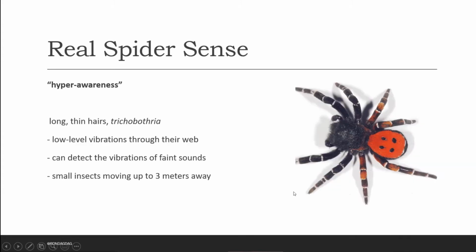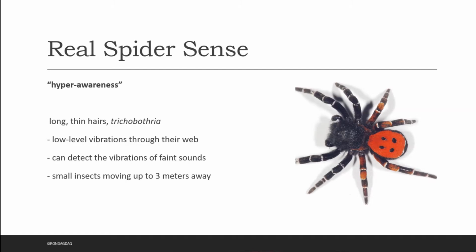Okay, and of course, the real Spidey sense: real spiders have this hyper awareness. Every time you look at a spider and see those long, thin hairs, they're called trichobothria, and that's their way of having a different sense to detect low-level vibrations through their web.